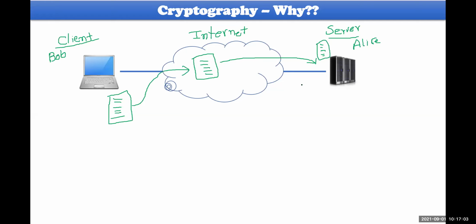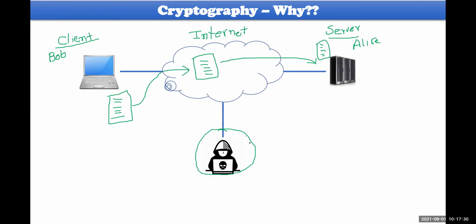But consider that one more person is always trying to listen to the internet, in the sense of accessing the internet and how the data is transmitted from one system to another system.